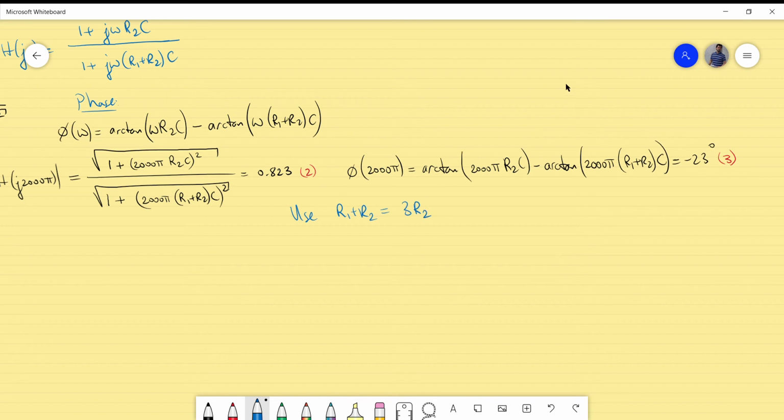So the phase, let me just start with the arctangent. The arctangent of 2000 pi times R2 times C, minus arctangent of 2000 pi times 3 times R2 times C, will be equal to minus 23 degrees.